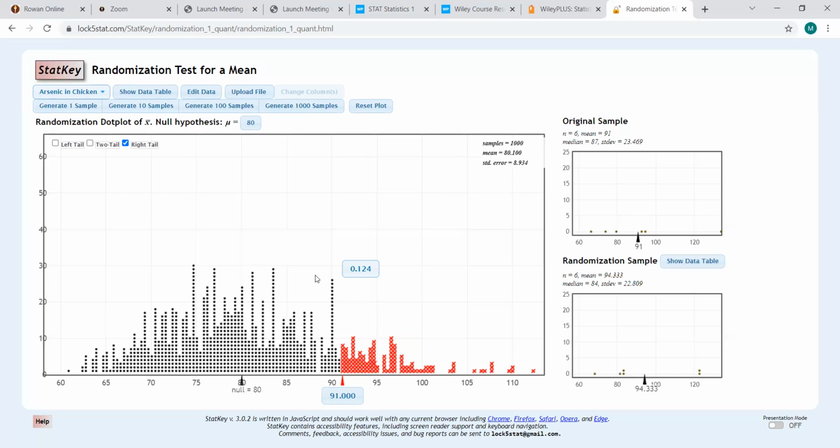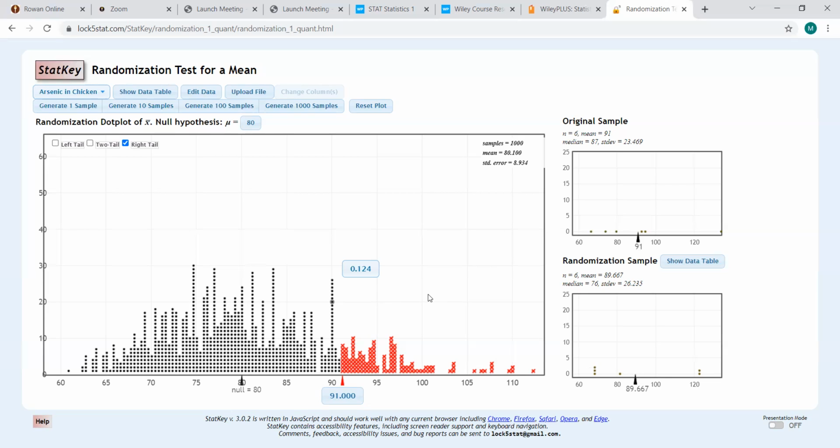That's a lot, 12.4%. So there's a good chance that we're not going to reject the null hypothesis. There's a fairly substantial probability that we could get a sample of 91 or even higher. So this is a case where we probably won't reject the null hypothesis.